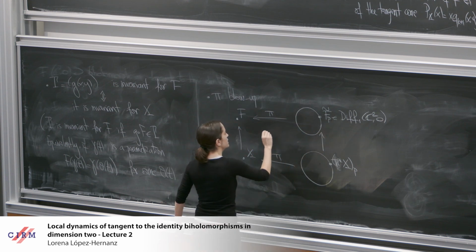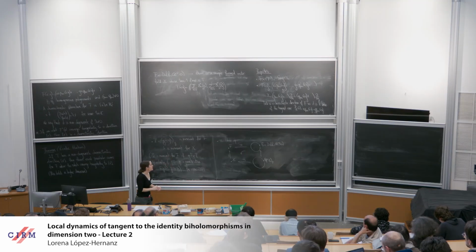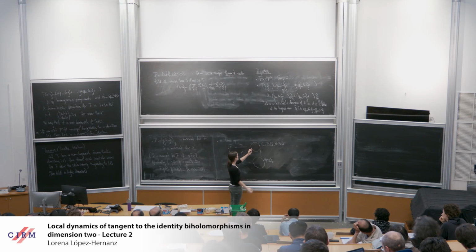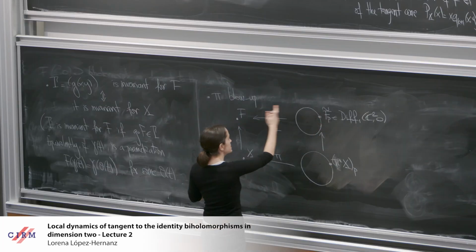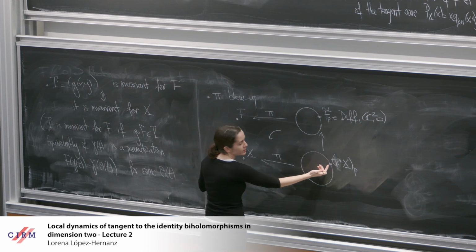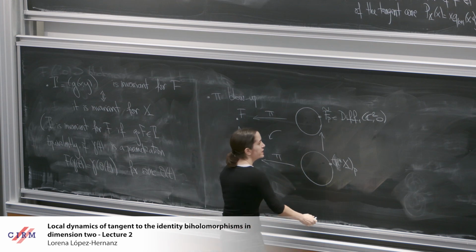So we have this commutative diagram. This will give us some final models for F, in the last result I will present today. It's an analytic diffeomorphism because we obtain it by blowing up an analytic diffeomorphism, but we can compute the final forms after resolution simply by doing the time one flow of this formal vector field.